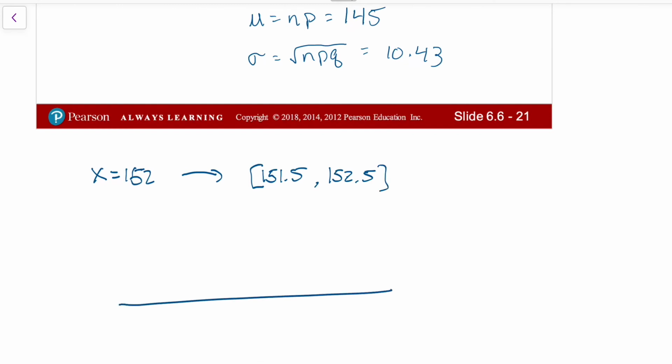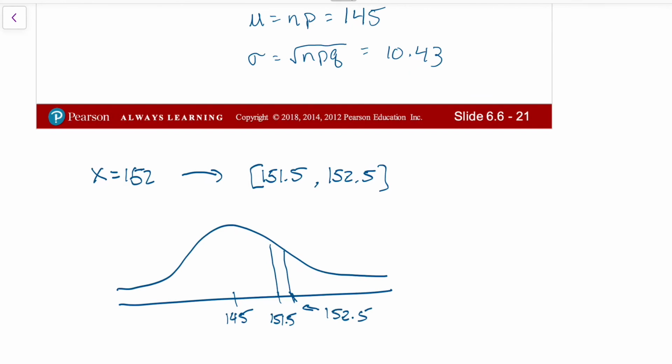So if I draw my normal curve, here's 145, 151.5, 152.5. The probability of getting exactly 152 will correspond to the probability of 151.5 being less than x being less than 152.5.